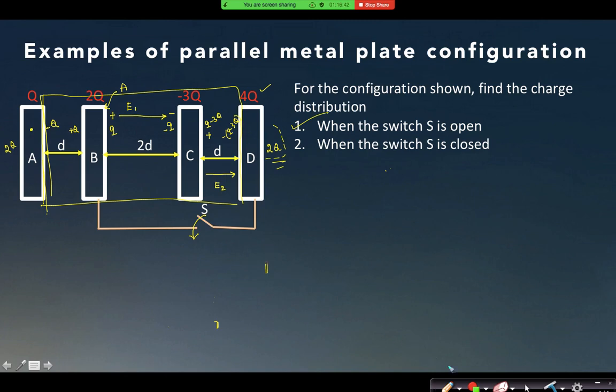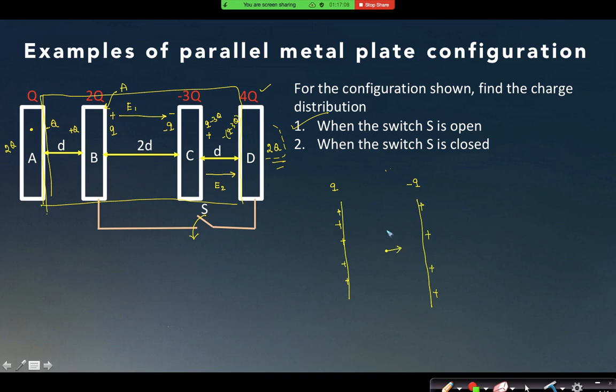You can also understand this sigma by epsilon naught like this. If you only take this charge sheet and this charge sheet, one has plus q, another has minus q. Now you can use sigma by 2 epsilon naught for each of the charge sheets. Yes or no? Because this point is not a part of the metal. So at this point, what is the electric field due to this plus q?